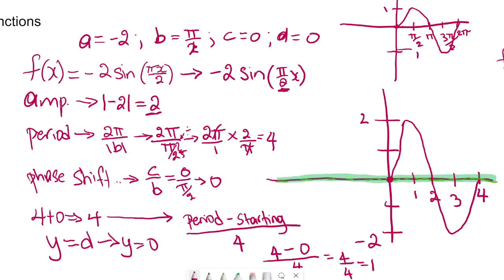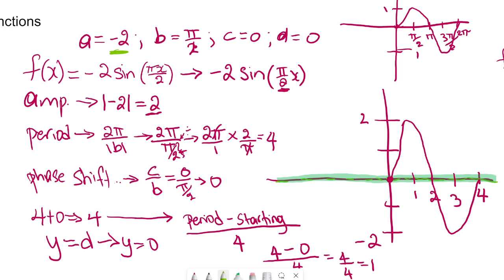Now, this would be a perfect graph if we were doing y equals 2 sine of pi over 2x. Now, for us, we have a negative value, right? If you recall in A, we have a negative number. So when we think about a negative number, when it deals with your function, if you have negative of your function, what that means is we're going to flip the function, right?